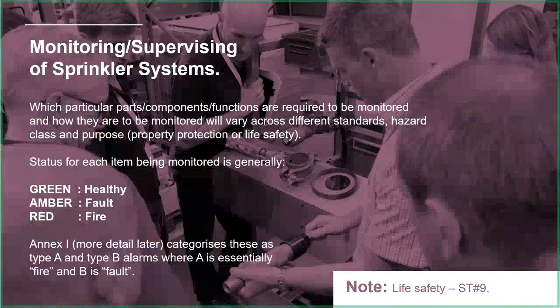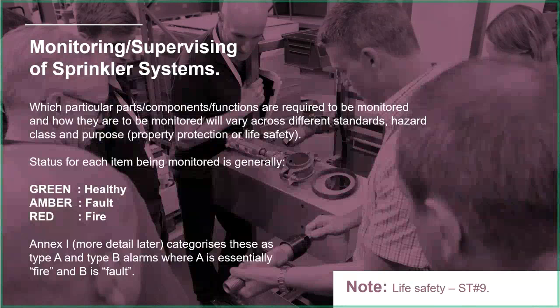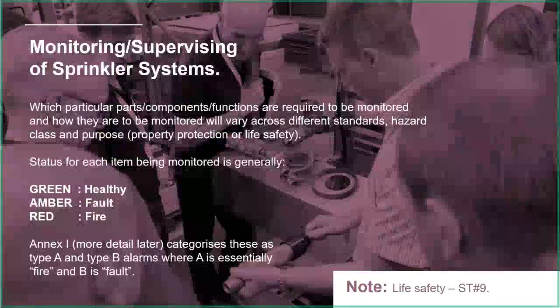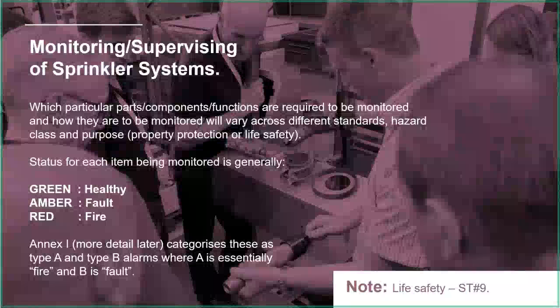Generally speaking, the status for each item is either green, amber or red, your classic traffic light symbols. Green is good, green is healthy, amber, there's a fault, and red is for fire. Or if it's not a fire, it's certainly water flow.